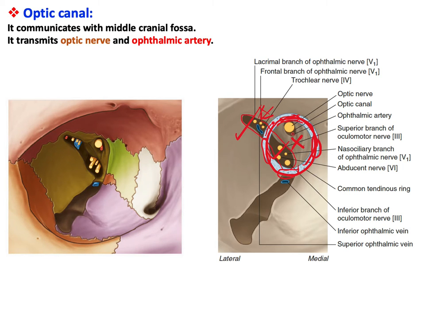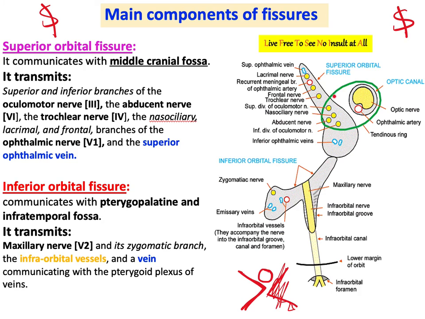Now again, this is the superior orbital fissure, this is the optic canal. I would start with the easier one, the optic canal. It contains the optic nerve, cranial nerve number 2, and the chief artery of the eye, the ophthalmic artery, which is a branch of the internal carotid artery. So they are inside the common tendinous ring.